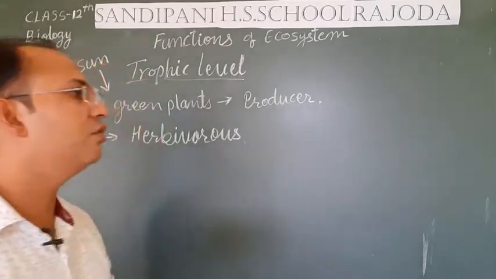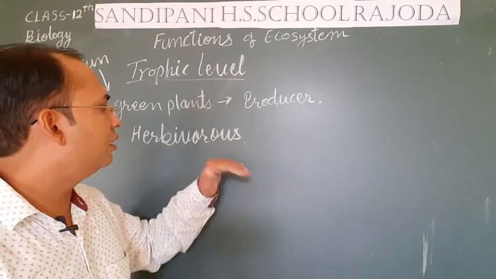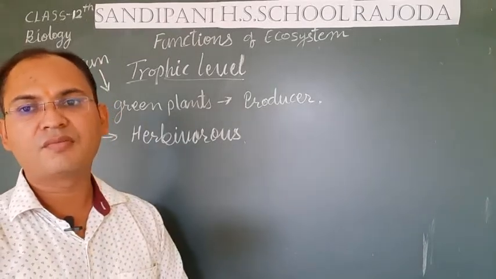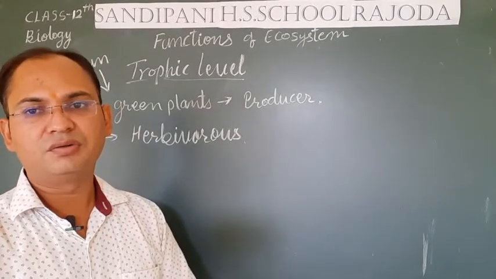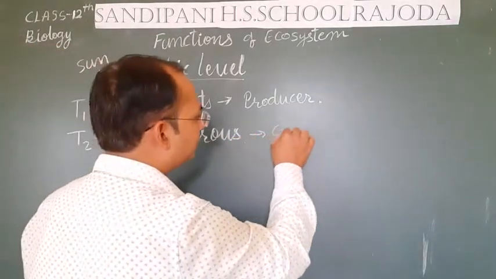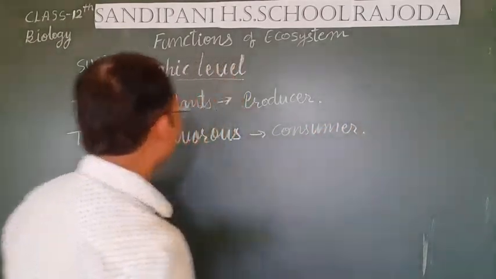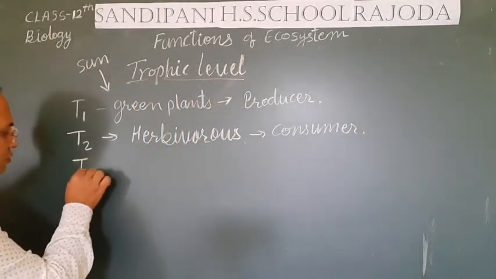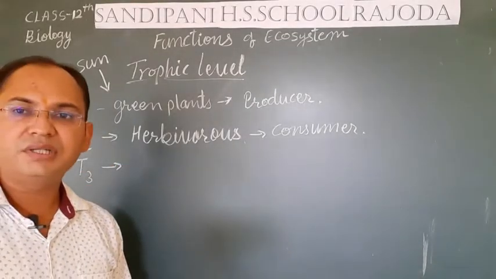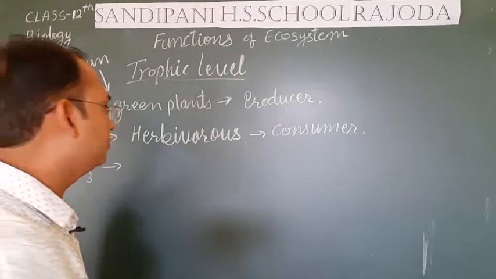In the very third trophic level, the living organisms which feed on the herbivores, who eat herbivores, we call them secondary consumers. Herbivores are known as primary consumers. And in the third trophic level, all the carnivores are included. Carnivores are known as secondary consumers also.